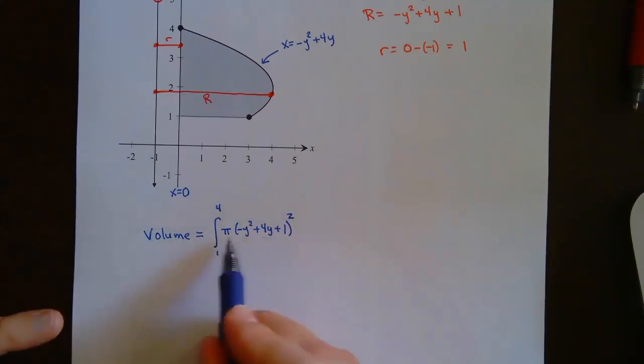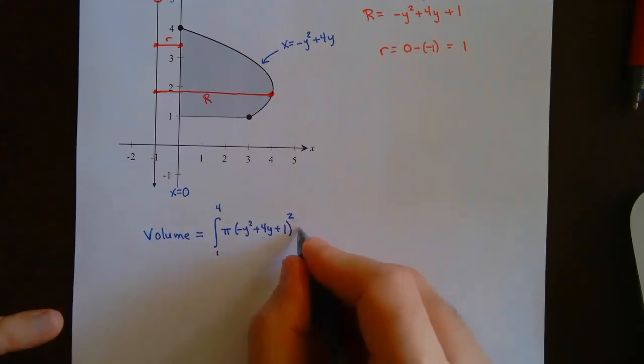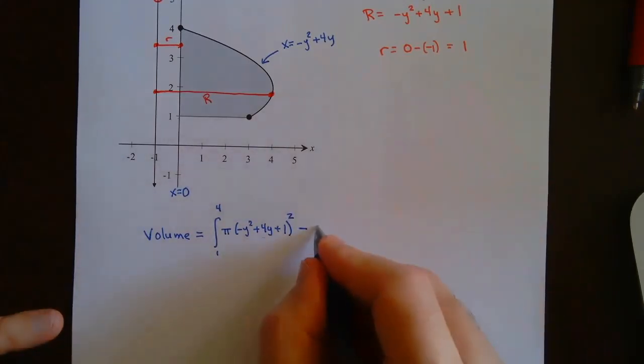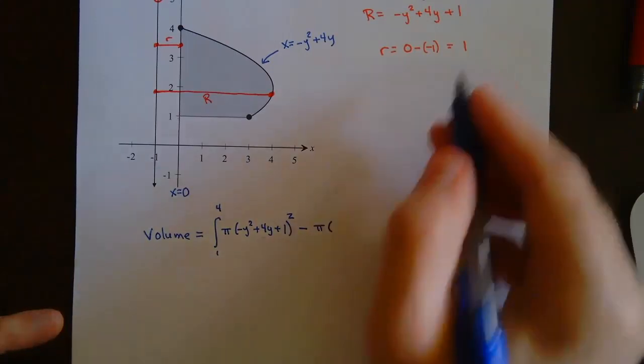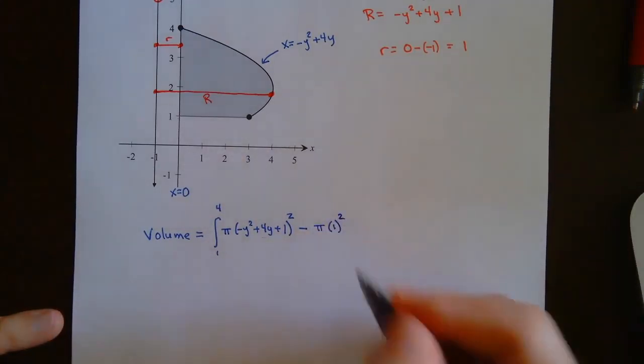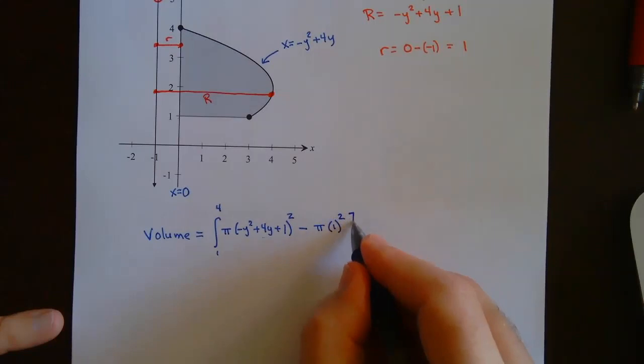This is the area of the big circle. Then minus the area of the little circle, which would be pi times 1 squared, and we can put brackets around that.